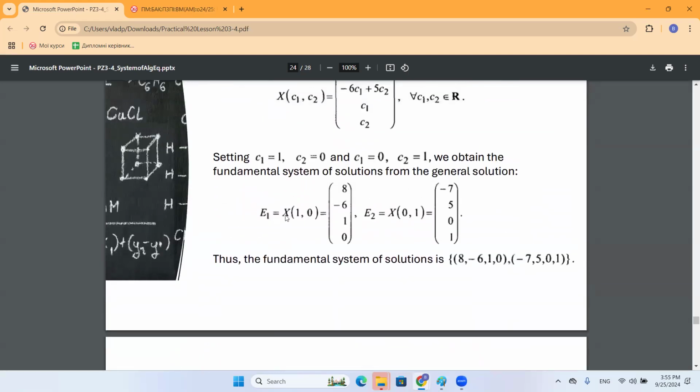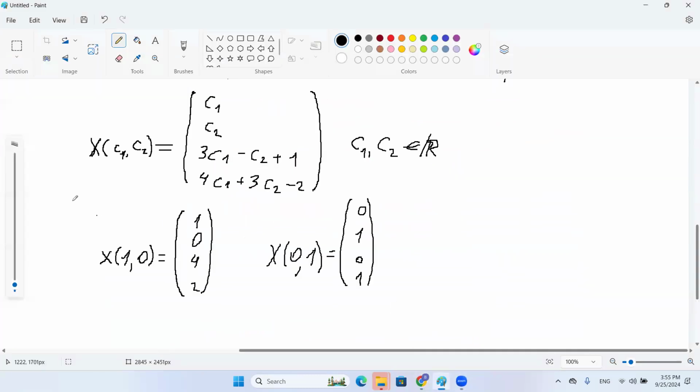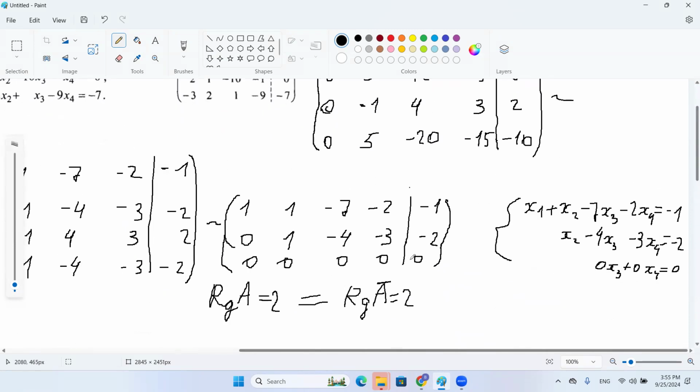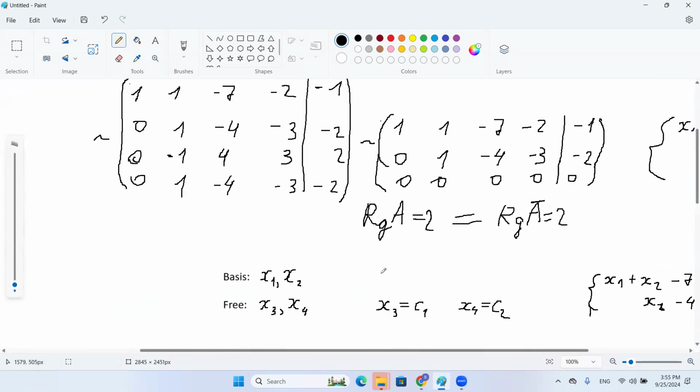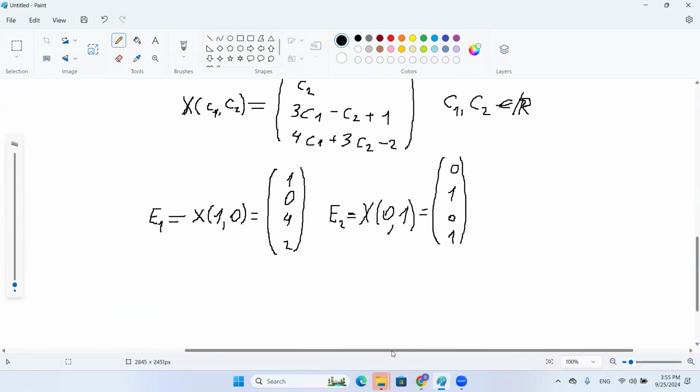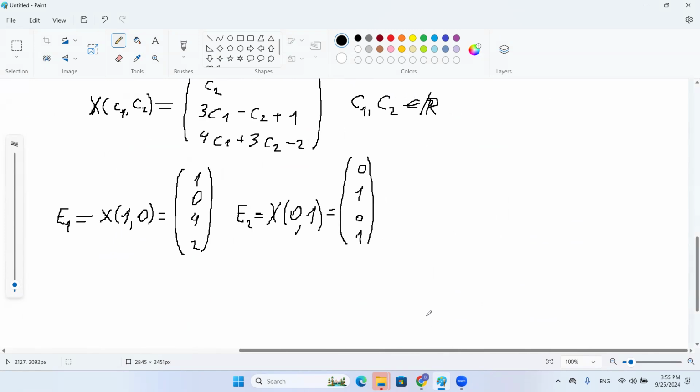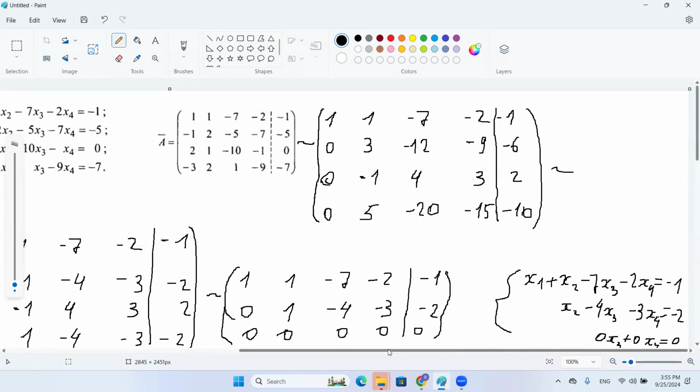By the way, for the fundamental system of solutions, we have such vectors like E1 and E2. And now let's find a partial solution of this system once more.